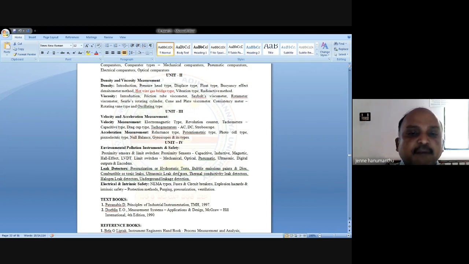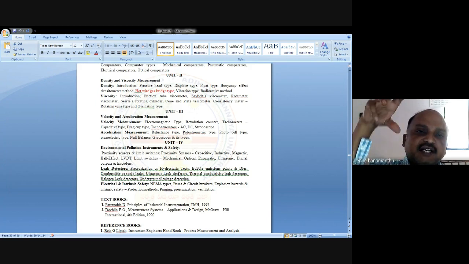Next one is bubble emission. Bubble emission means, say for example, you are buying a Kurkure packet or Lays packet. Take the same packet and dip it into a bucket.